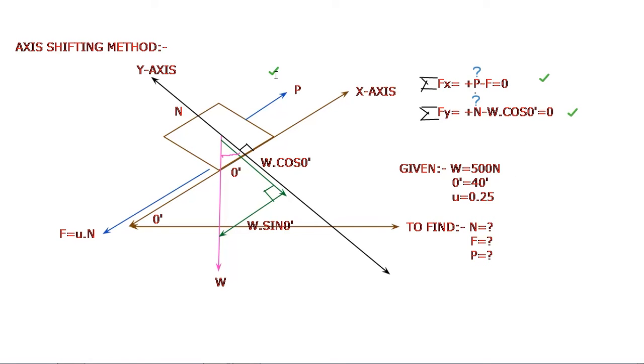So if you have these three values, weight, angle of inclination and coefficient of friction, you can find N, F and P.